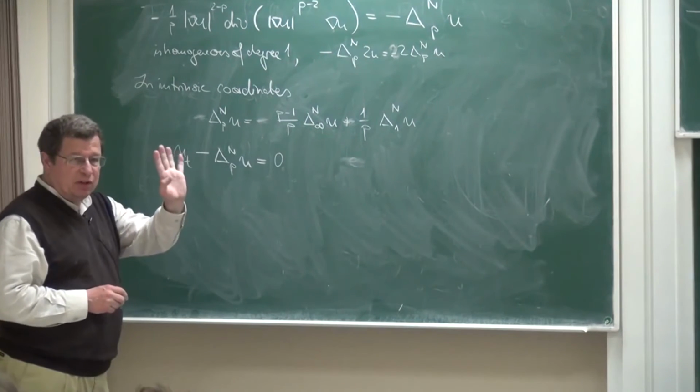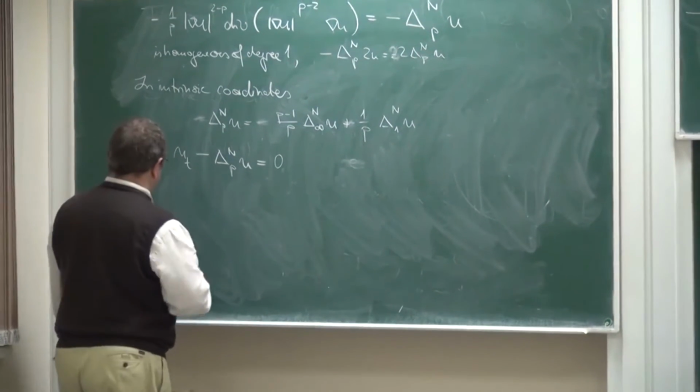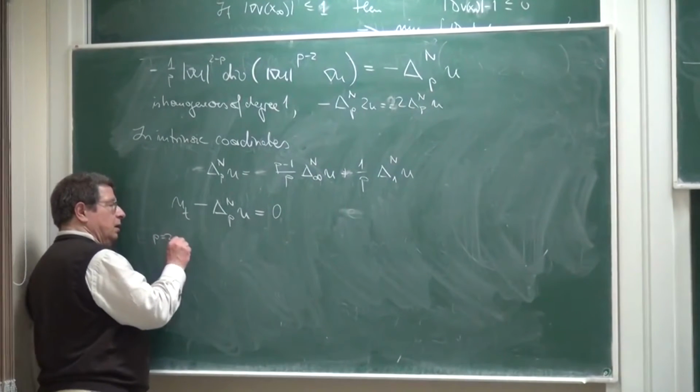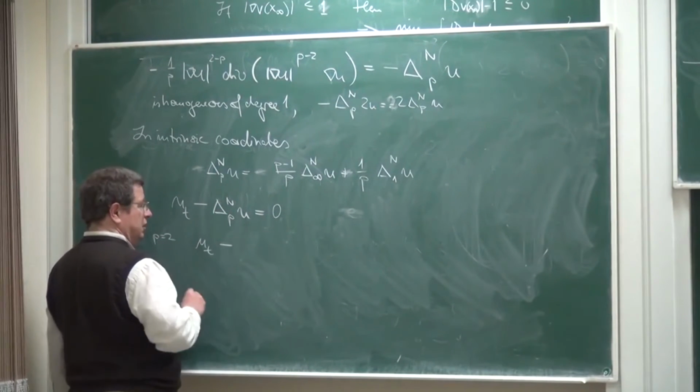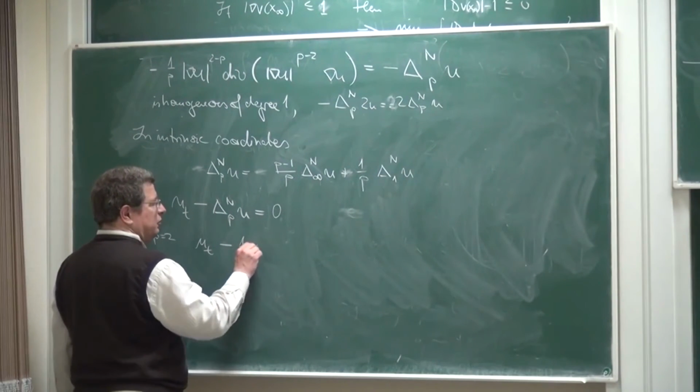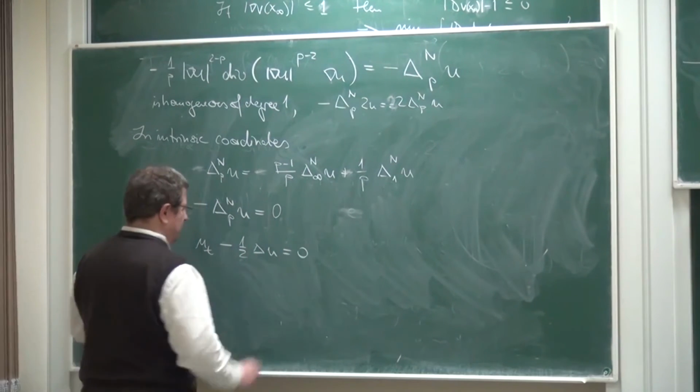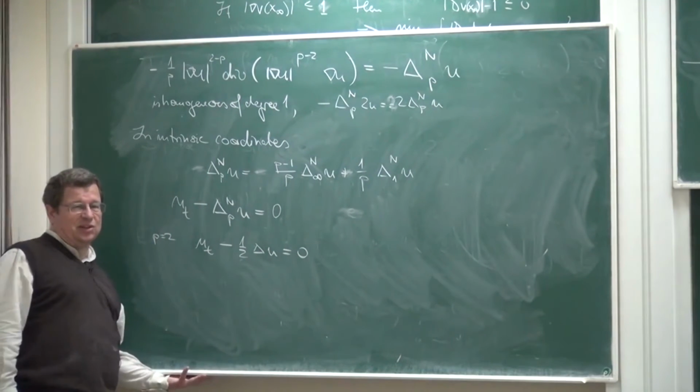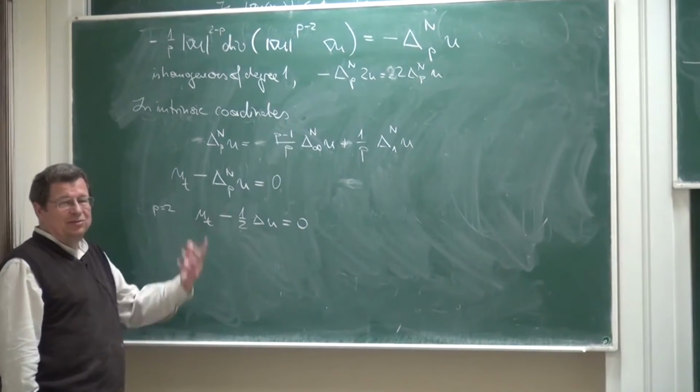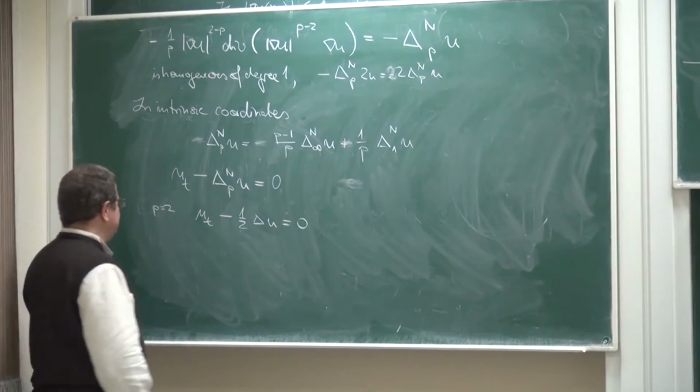Let's look at some special cases. Let's look at the case p equal to 2. Then we have u_t minus 1/2 times the Laplacian of u. That's the heat equation the way physicists like to write it, with a factor 1/2 here.